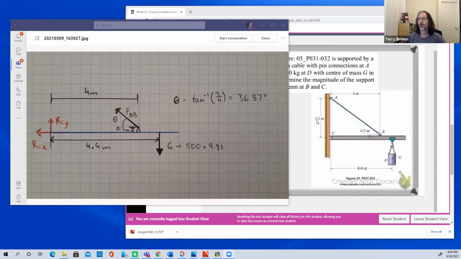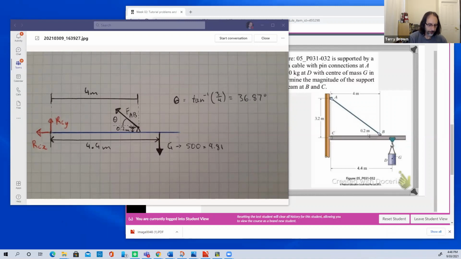Now I want you to draw a free body diagram of this orange post here, and draw it on your page near your free body diagram of your beam, so that we can look at both of them together when you upload it.